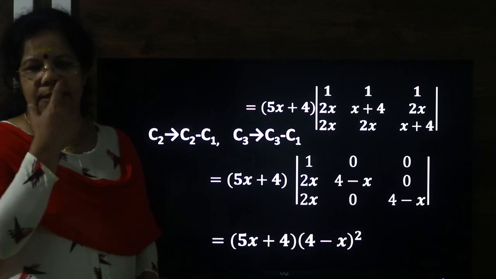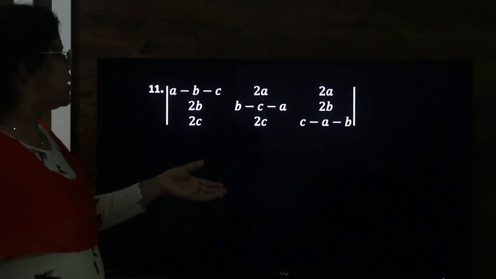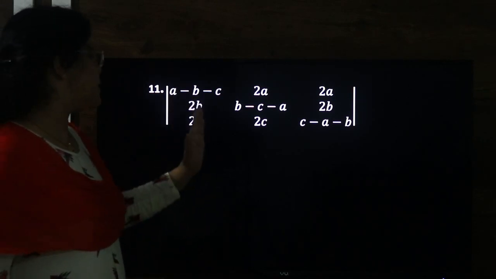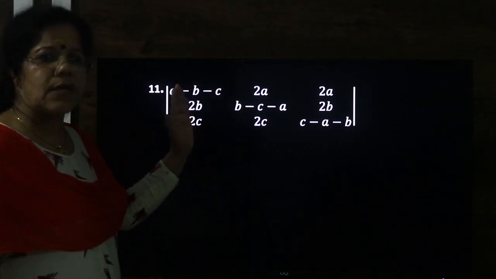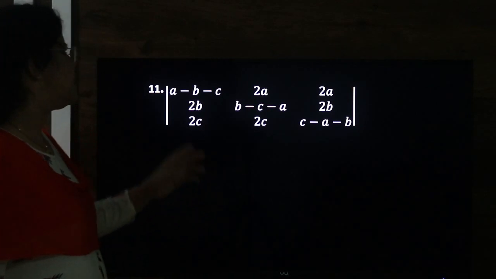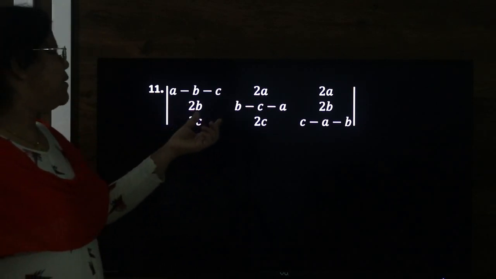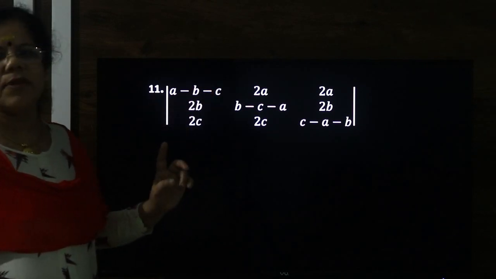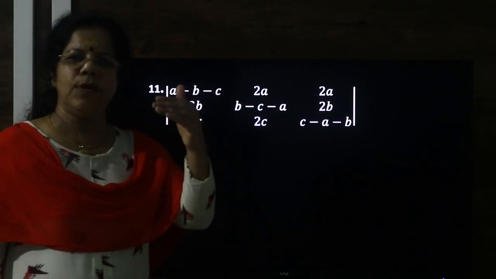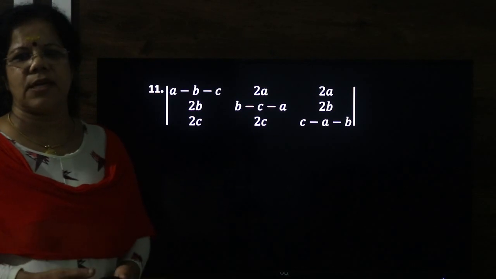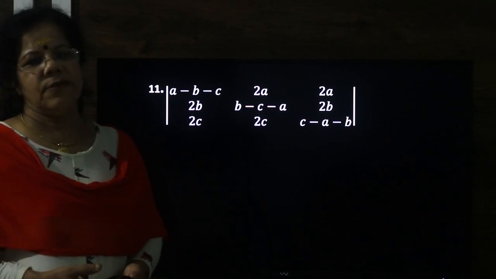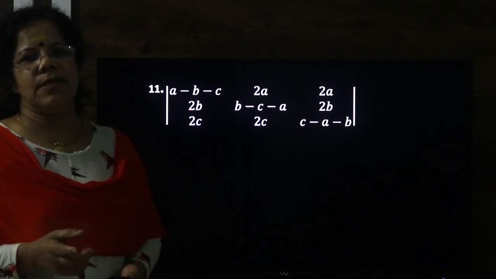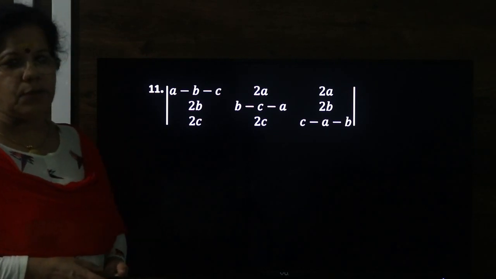Now let us see the next one. Many ways you can think. Whether we have to subtract R1 changes to R1 minus R2 or C1 changes to C1 minus, many ways you can think. But I concentrate here, you see. Here 2b, 2c is there, minus b, minus c is there. So suppose you add R1 changes to R1 plus R2 plus R3. What you will be getting? A minus b minus c plus 2b plus 2c.